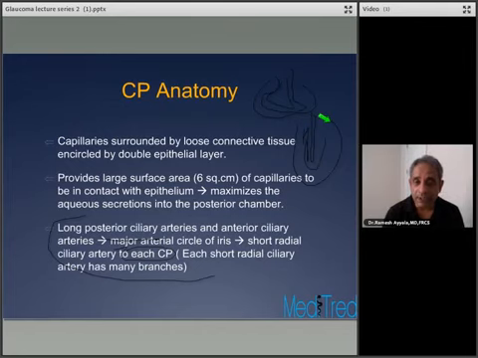And two, they have fenestrations to let the aqueous seep out of the capillary walls into the surrounding connective tissue. Then you have this double layer of epithelium that will modify the plasma that's coming out to form the aqueous as we know it before it's secreted into the posterior chamber.